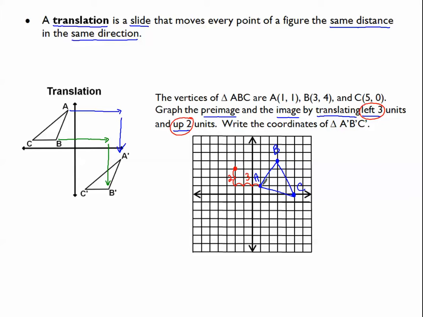That's where point A prime will be, the image of A. Let's do the same thing with points B and C. From B, 1, 2, 3 to the left, up 2. There's point B prime. C, 1, 2, 3 to the left, 1, 2, up. And there's point C prime. Now we'll connect. And you can see how this was just a slide, like that dinosaur's footprint.